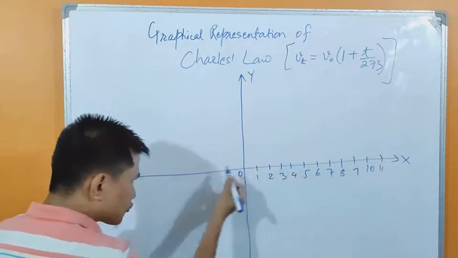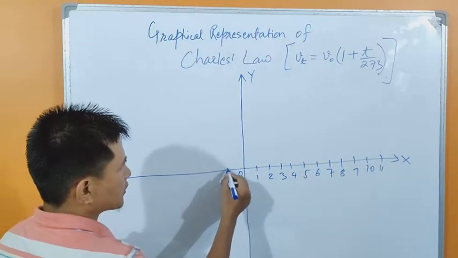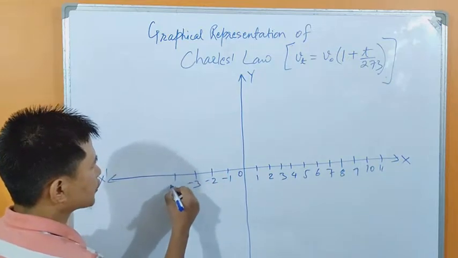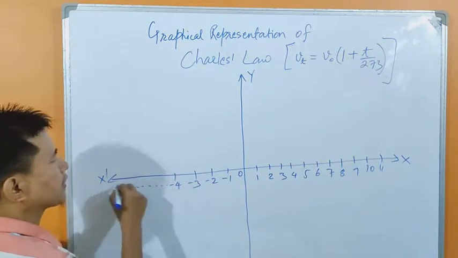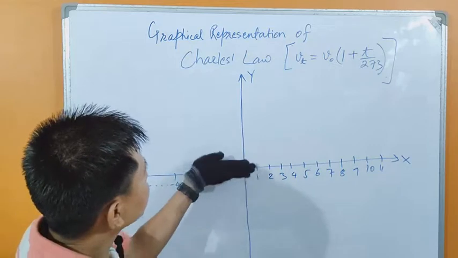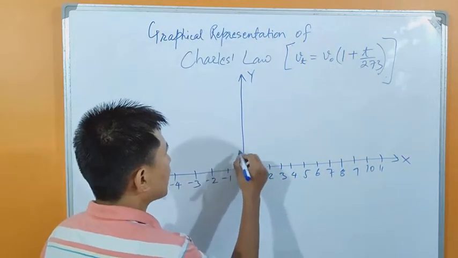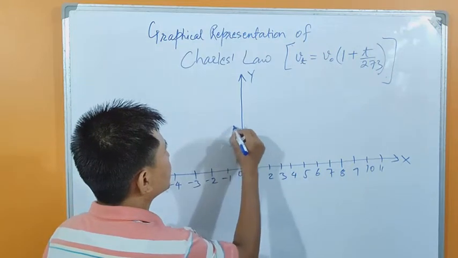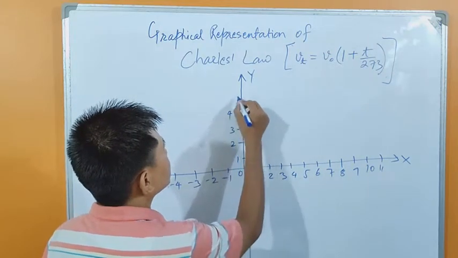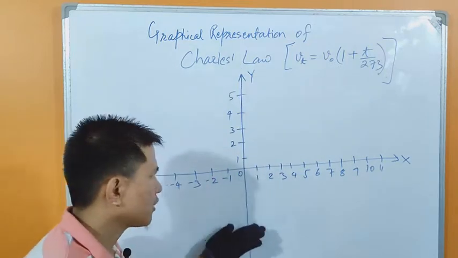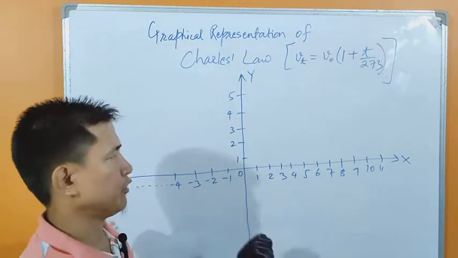And if you move to the left-hand side, the value decreases: -1, -2, -3, -4, and so on. Similarly, if you move upward on the y-axis, the value increases: +1, +2, +3, +4, +5. And if you move downward, -1, -2, -3, -4, and so on.